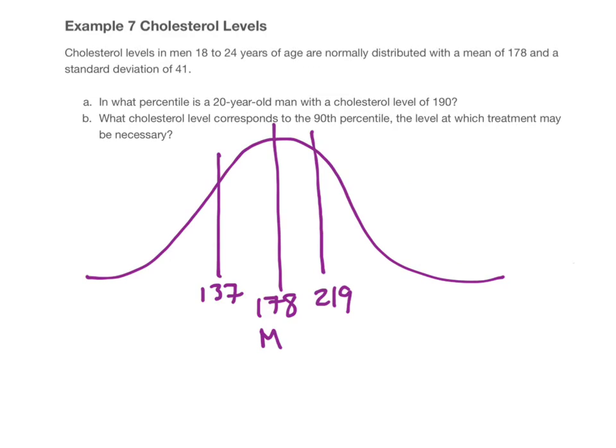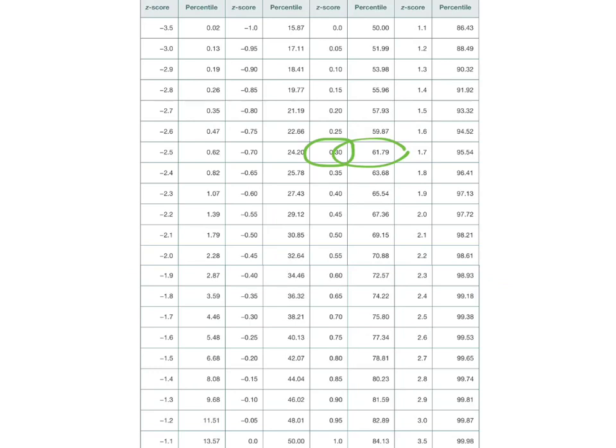Next question. What cholesterol level corresponds to the 90th percentile, which is the level at which treatment may be necessary? We'll look at our chart and convert to a z-score. We find the 90th percentile, and that's fairly close to a z-score of 1.3.